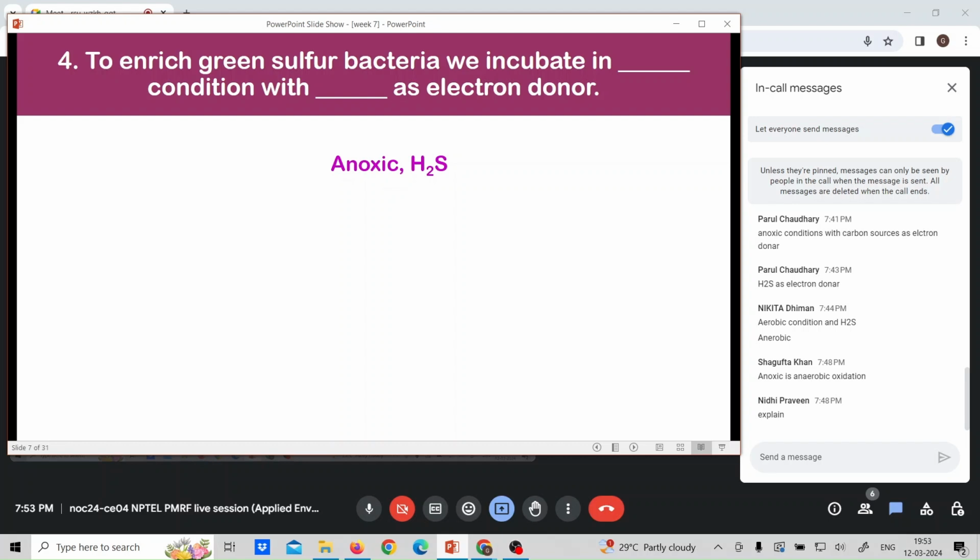In the anoxic system, as Shagupta rightly mentioned, it's oxidation only, but it will not go until oxygen. Oxygen is the lowest in the tower, so going until it gives a greater electromotive potential, and the energy released in the form of ATP is higher.